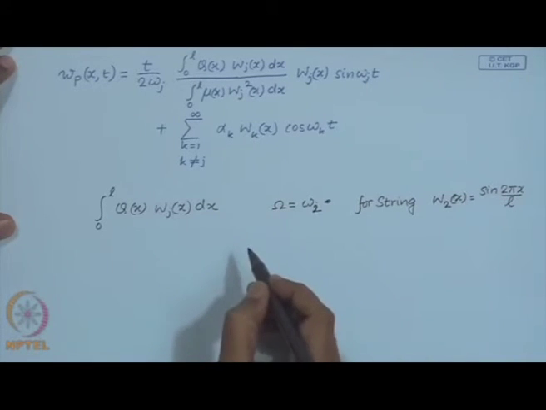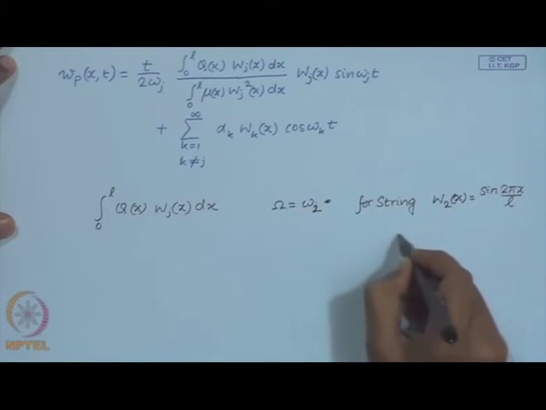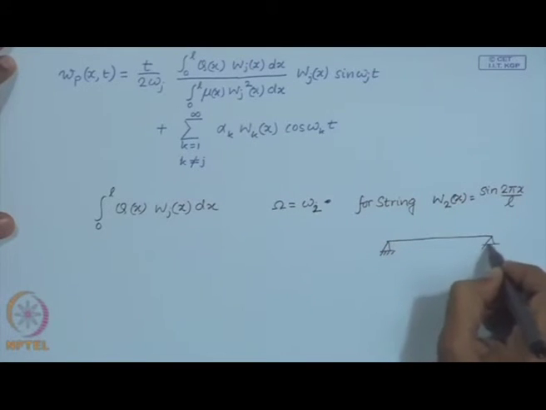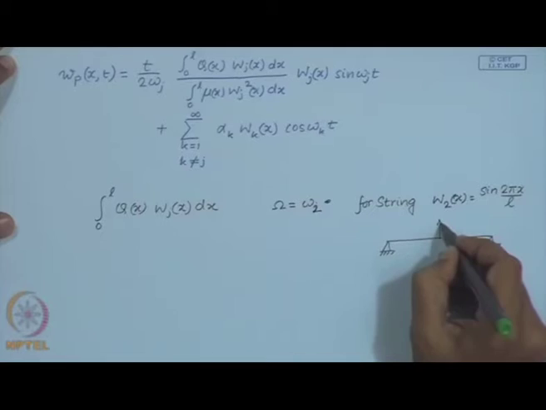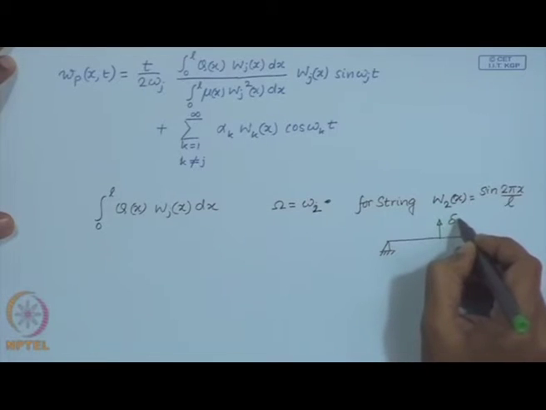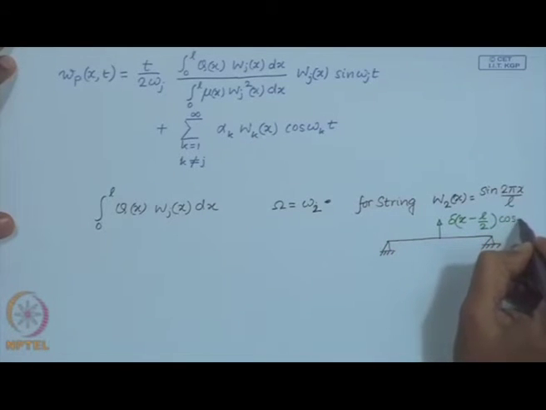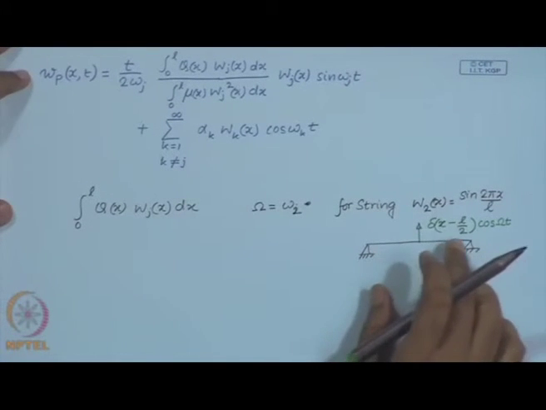This is the eigenfunction of the string, the second mode. And if we have a string which is being forced at the middle, so let us say this is the string, and suppose the forcing is of this form, applied at the middle.